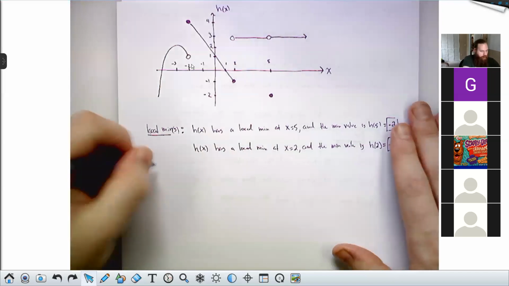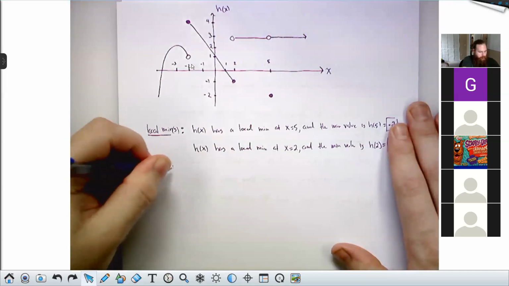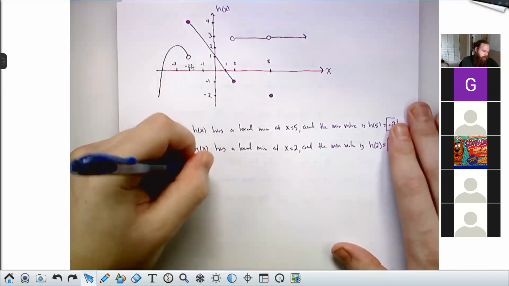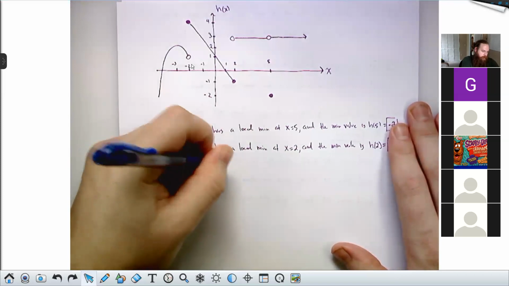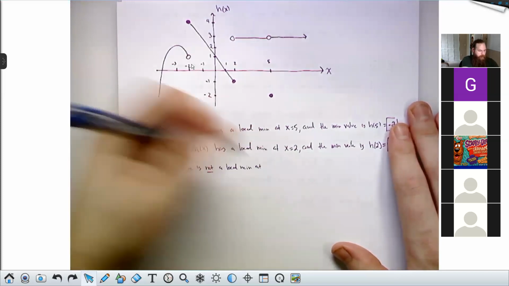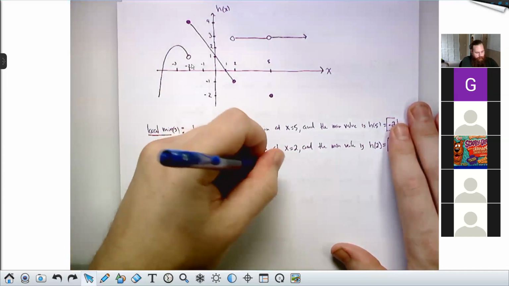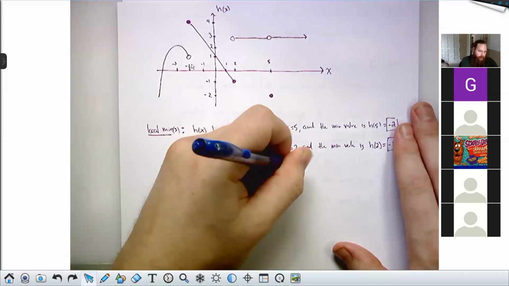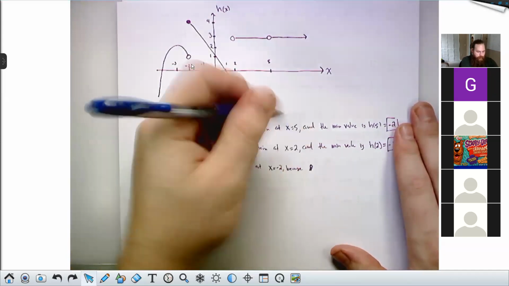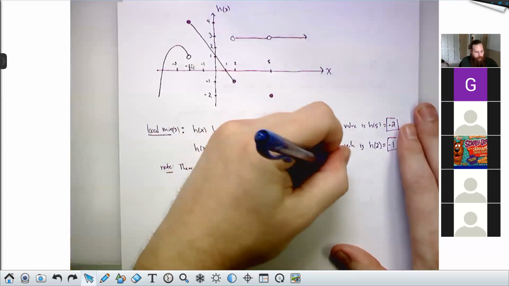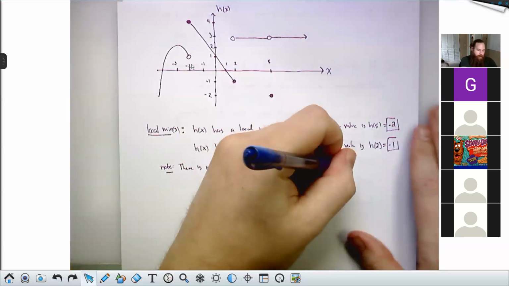So note, there is not a min at x equals -2, because h of -2 is equal to 4. It's way up there, not the height of the hole.